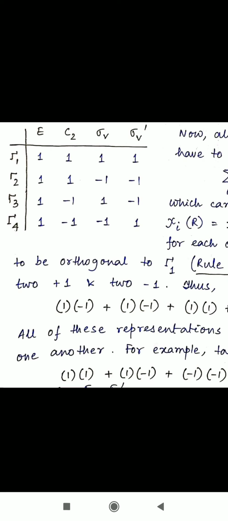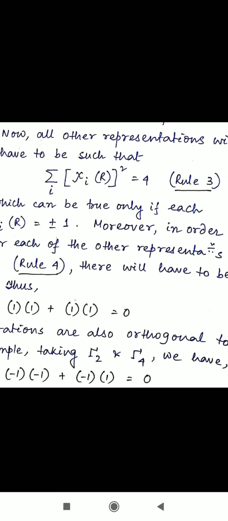So in case of E, the 1 1 1 1 is fixed, and in case of Bethe notation 1, these 1 1 1 1 are also fixed, and the other values should be 1 and minus 1.